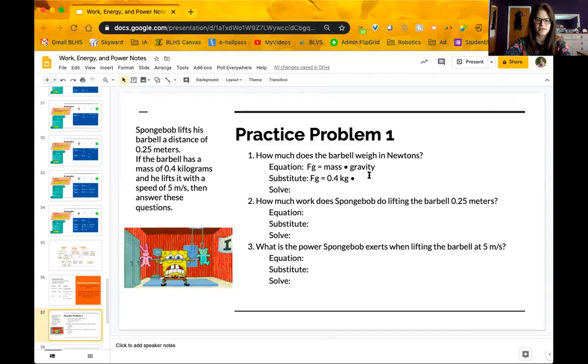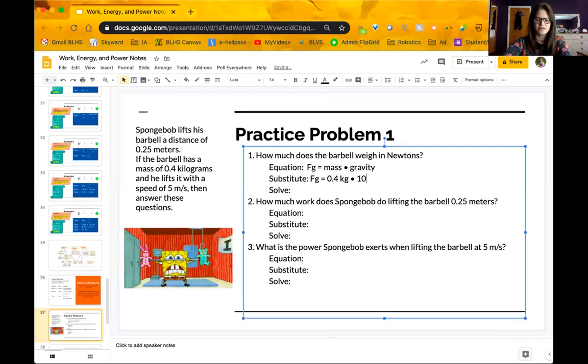So we're going to type in 10 meters per second. If you want to make your squared up high instead, if you hold down your Command key and then hit the period, Command period, that will give you superscripts. And then if you click Command period again, then you go back to normal.